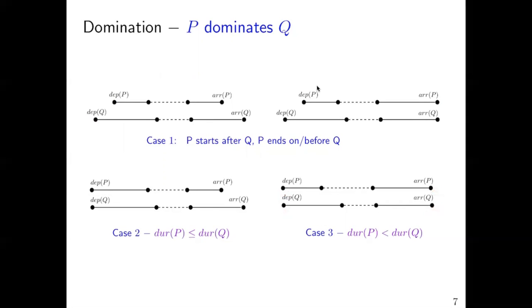Then further, the additional constraint is that the travel time, or the duration time, of P is strictly less than the duration time of Q. We say that P dominates Q if it satisfies one of these three conditions.